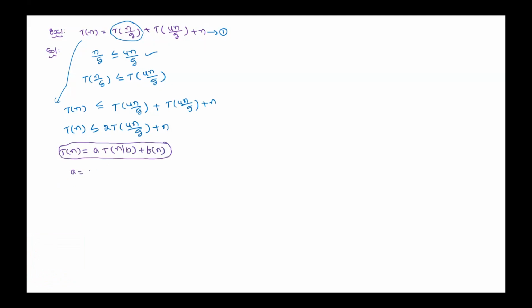A is 2, b is 5 by 4. Is that correct? And f of n is n.